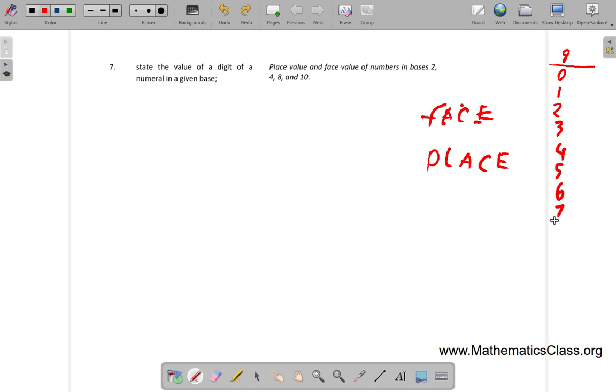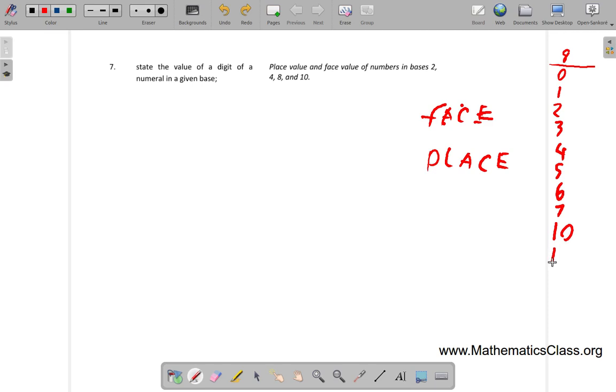In base 8 we have 8 digits, or let's say 8 symbols to represent digits. So it's 8 single digits. After that, we have to go back and reuse the old digits that we had. So 8 in base 8 is 1, 0.